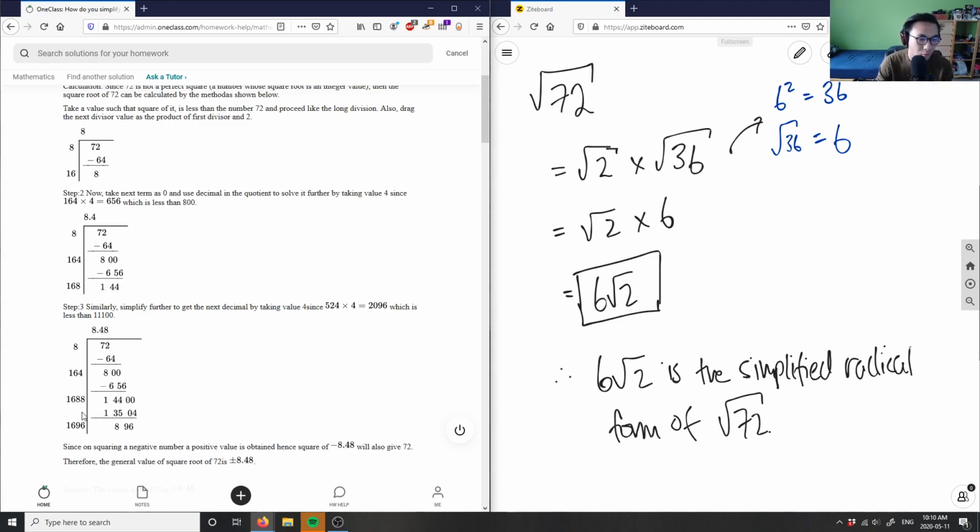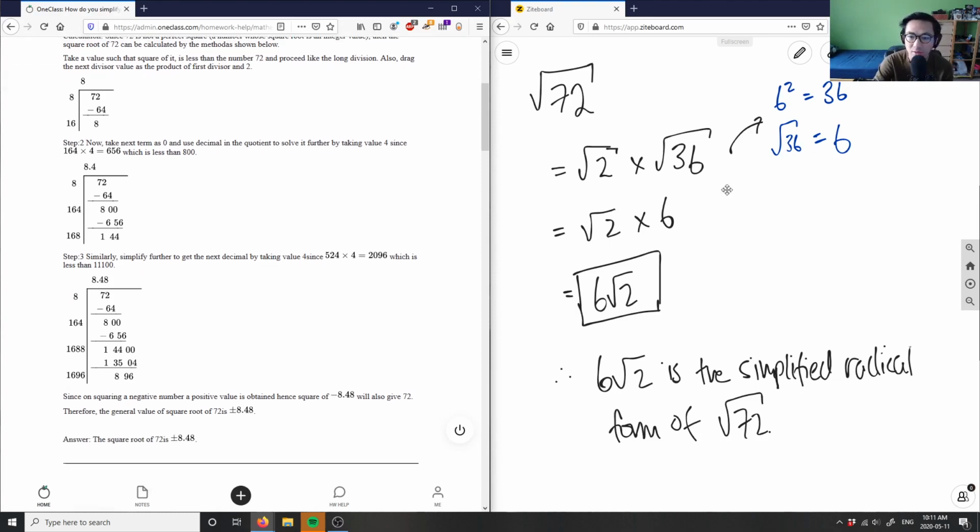So it's 1681 times 1, 1682 times 2, and so on. The closest value to 14,400 is indeed 1688 times 8, which gives you 13,504. I subtract that to get 896, and you can keep doing this process to get more decimal places. But 8.48 here is where we basically stop, at 2 decimal places.